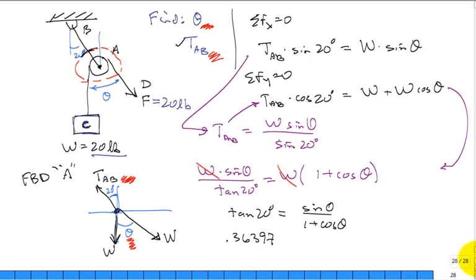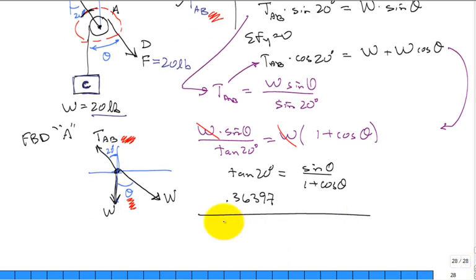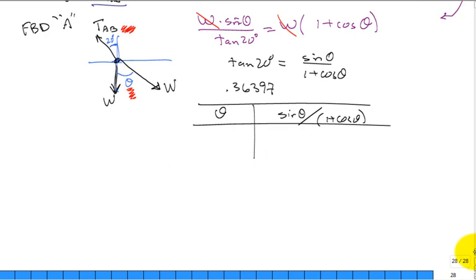And so by hand, and it's good to solve a problem or two like this by hand, I said I'm going to pick a theta, calculate the sine of theta divided by 1 plus the cosine of theta, and then keep on marching until I find a theta that makes it equal to 0.36397. That's what your calculator is going to do.